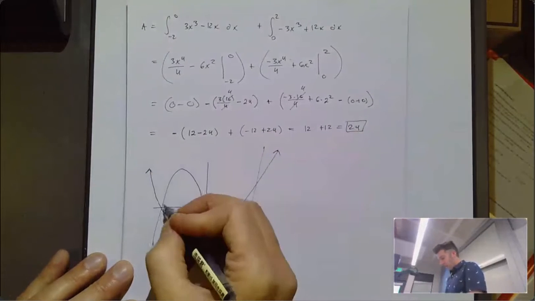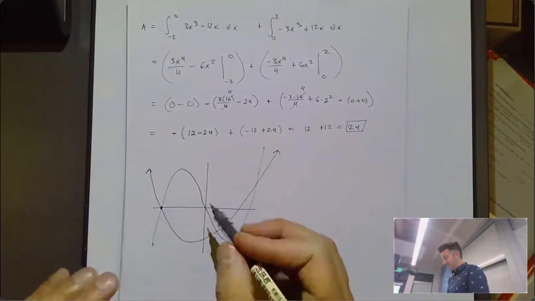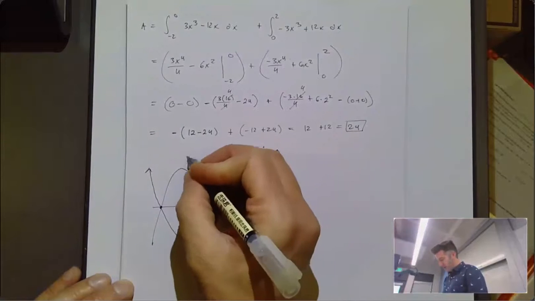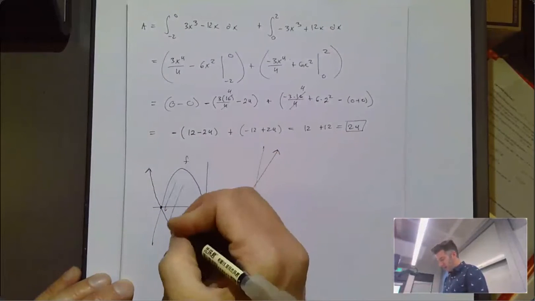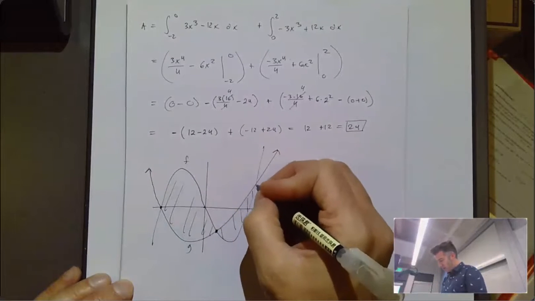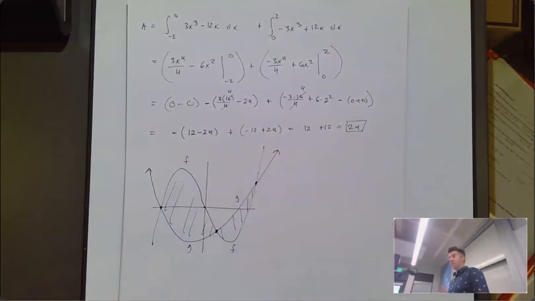I didn't graph it perfectly, but from negative 2 to 0 is where f would be on top. So right here we have f on top and g on the bottom, and you get that area. Then in the second part, from here to here, you have g on top and f on the bottom. That's why this is working out this way. I know I didn't draw it perfectly, but that's the idea of why you need to check.